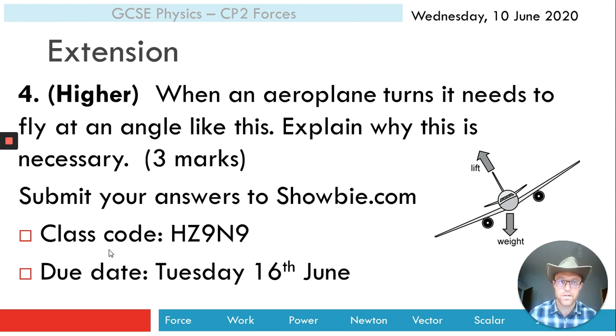When an aeroplane turns, it needs to fly at an angle like this. Explain why this is necessary. Think about unbalanced forces, think about acceleration, think about changing velocity, and think about when something changes direction, is it changing velocity? Okay, 3 points for that, 3 marks.